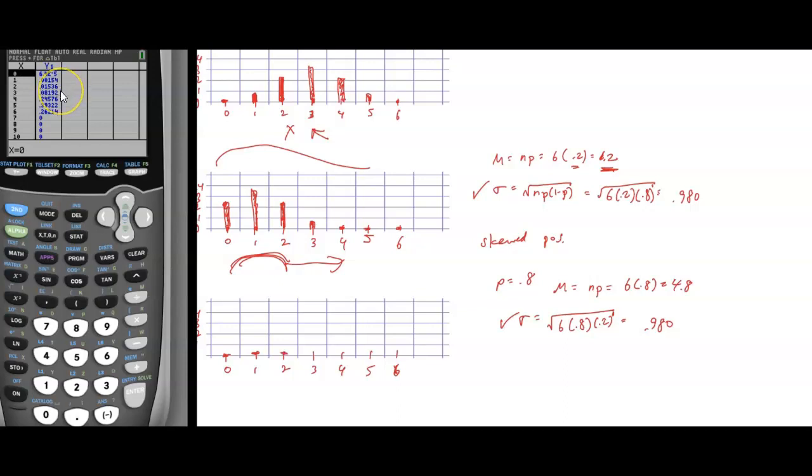And the 3 value is 0.081. It's like almost to the first line. Then 0.25 about. And then 0.39. And then 0.26.